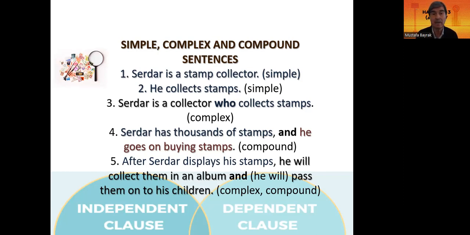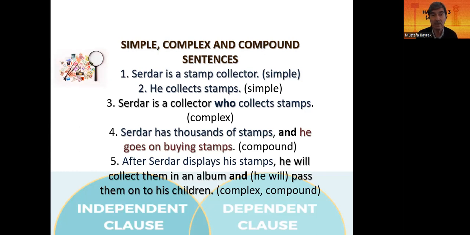etc., etc. 5. After Serdar displaces stamps, he will collect them in an album and he will pass them on to his children. So this is both complex and compound. Why?